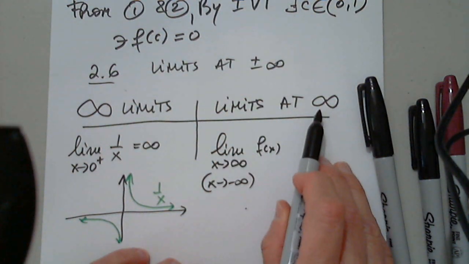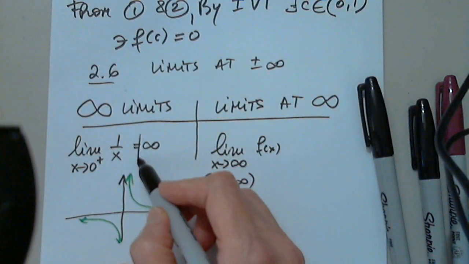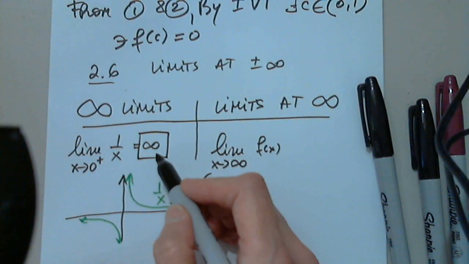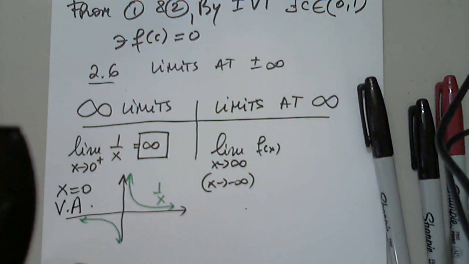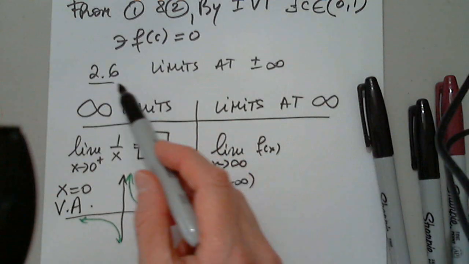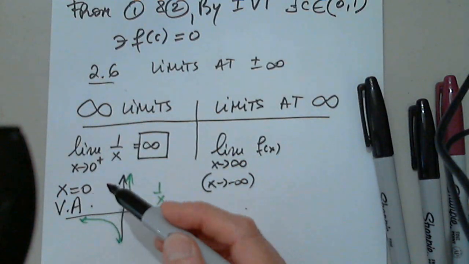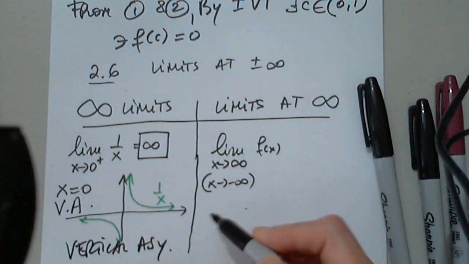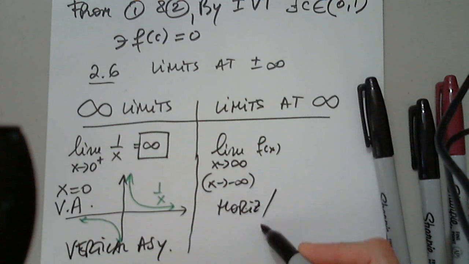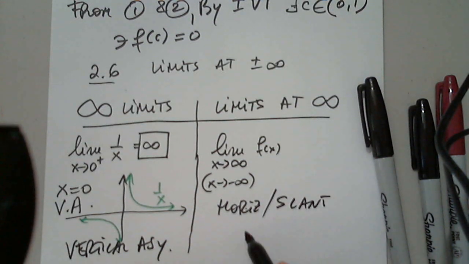The other one is when the answer is infinity, which means x equals 0 is a vertical asymptote. So basically this idea is for vertical asymptotes, and this idea is for horizontal or slant asymptotes.